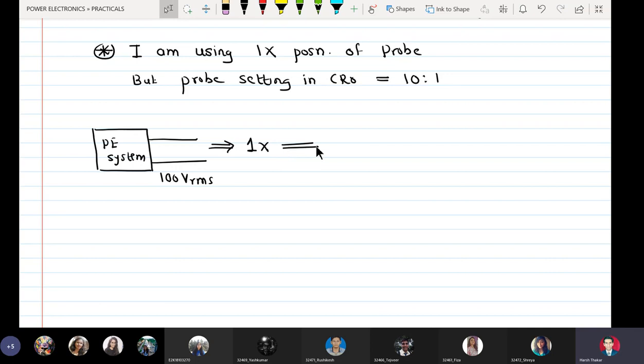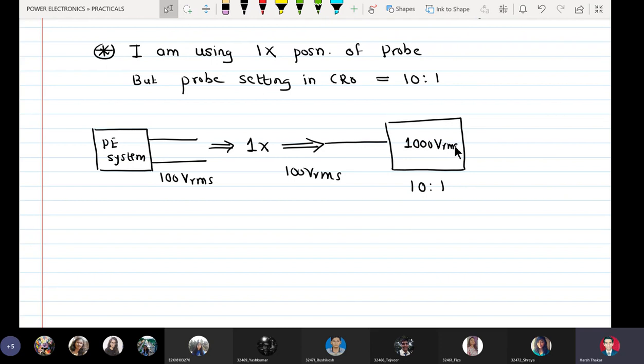The output of the 1x probe will be 100 volt RMS, and here I am keeping the probe setting in the CRO as 10:1. So it is assuming that the signal which is coming inside has been attenuated by 10, so it will display 1000 volt RMS, which is actually wrong.